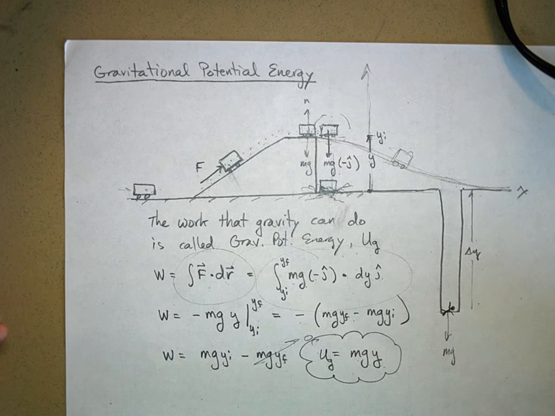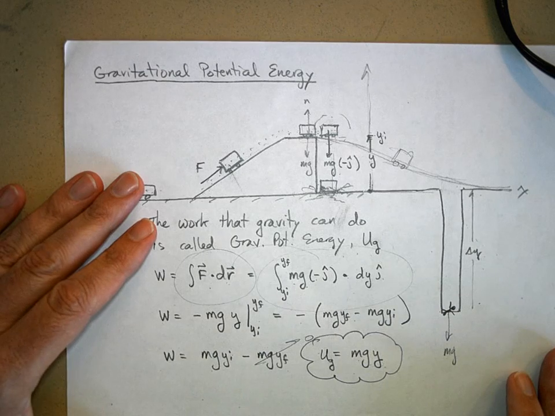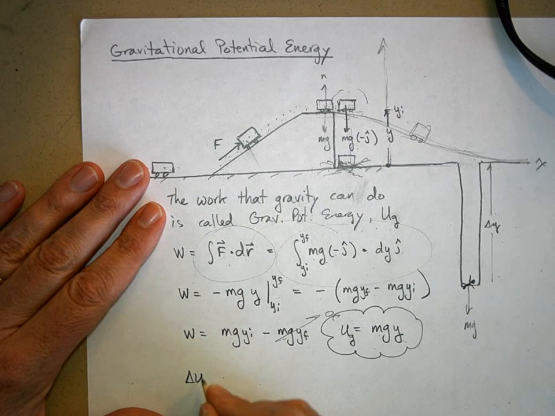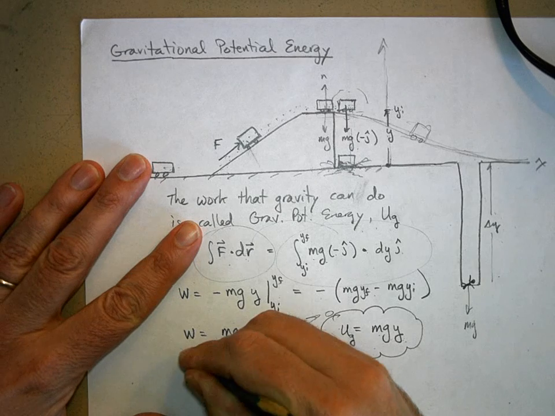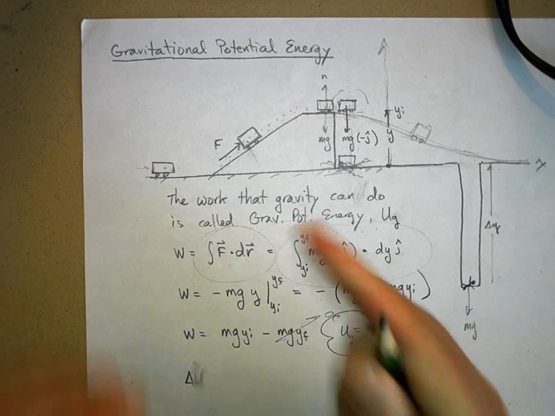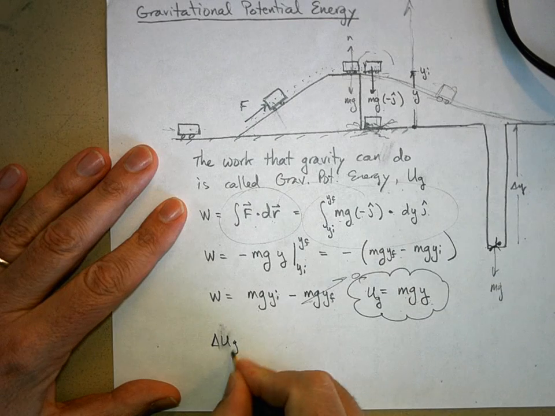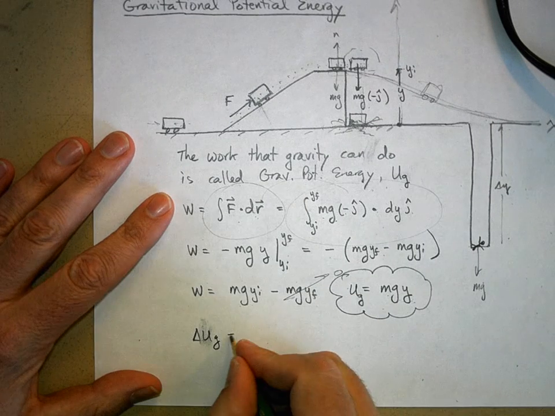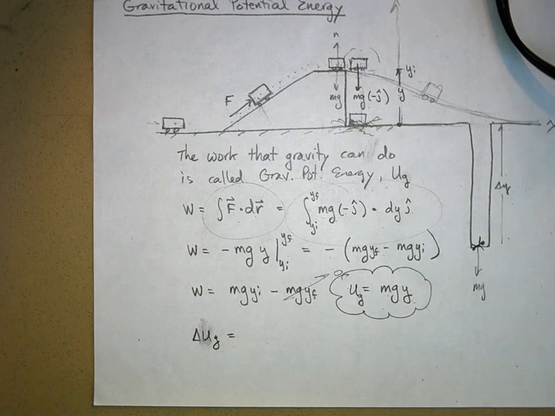So really what I'm interested in is delta U, a change in gravitational potential energy, which, for most objects, we're going to assume that the mass is constant, and that the gravitational field is constant for now.